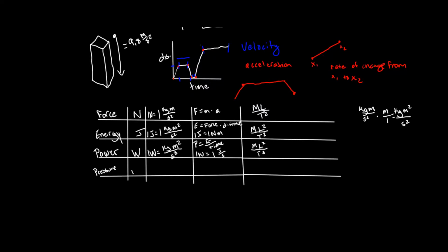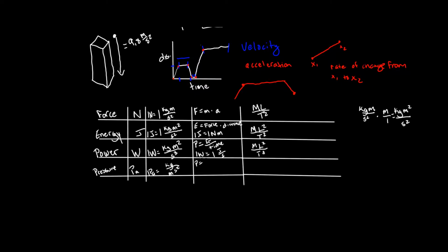Pressure is a Pascal. And there's other units that are used for these, it's not just newtons or joules. These are just the base ones, the normal ones that we see. And 1 Pascal is equal to a kilogram over meter seconds squared. And what is pressure?